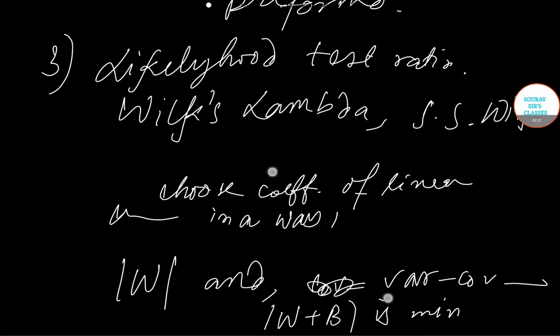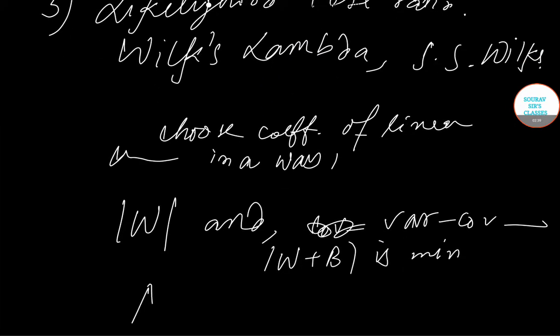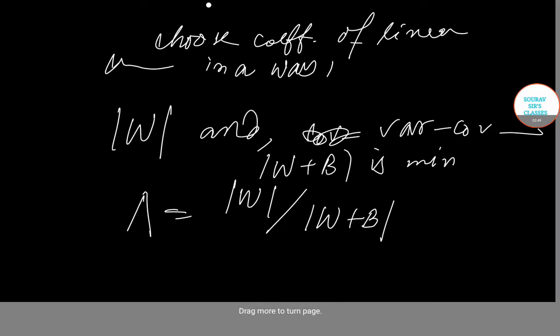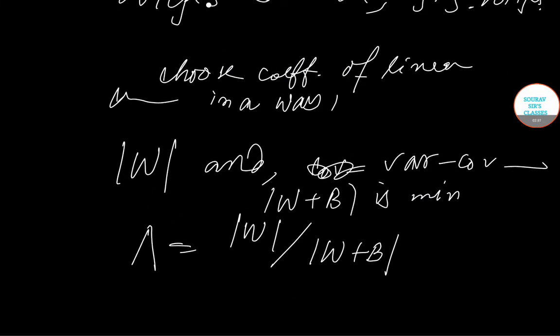Thus we can say that A is equal to mod of W by mod of W plus B. The F distribution based on A is determined and the test is performed in the usual manner.